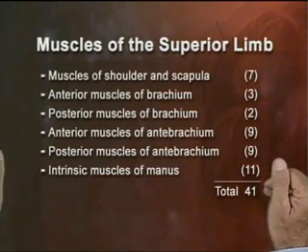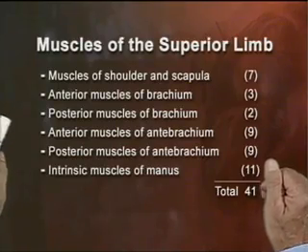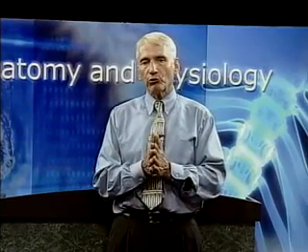Again, I don't think it's important that you remember the numbers, but I think it's kind of interesting to total them up sometimes. If we go to an inferior limb, we can actually divide the muscles of the inferior limb up in a manner similar to what we did, except we have more groups. There's actually a total of 9 groups altogether in the inferior limb.